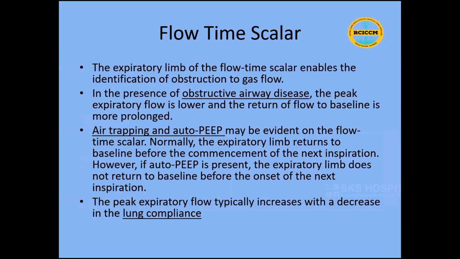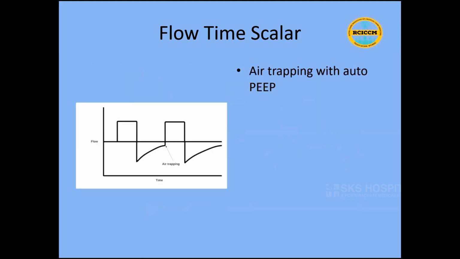The expiratory limb can show obstruction to gas flow. It can delineate how severe the obstructive airway disease is, how difficult the ventilation is, or whether there is air trapping or auto PEEP. The peak expiratory flow typically could increase with a decrease in lung compliance. So all these parameters can be displayed if the flow time scalar is being monitored.